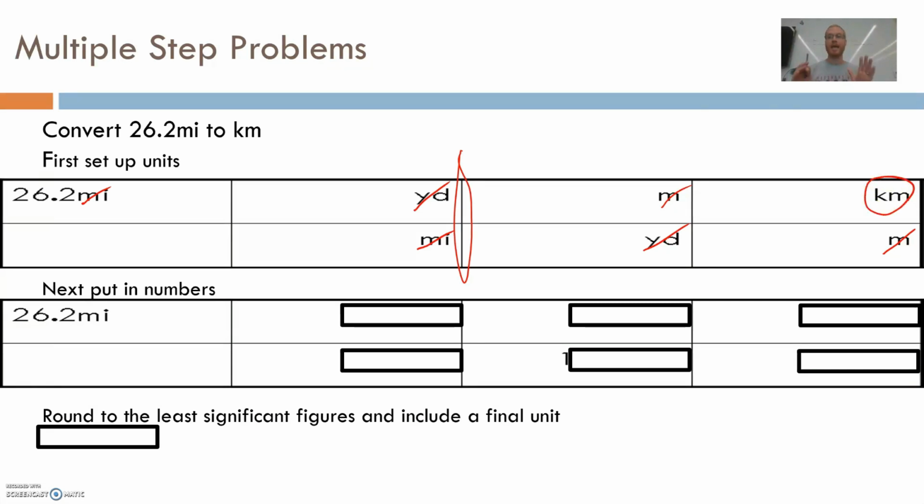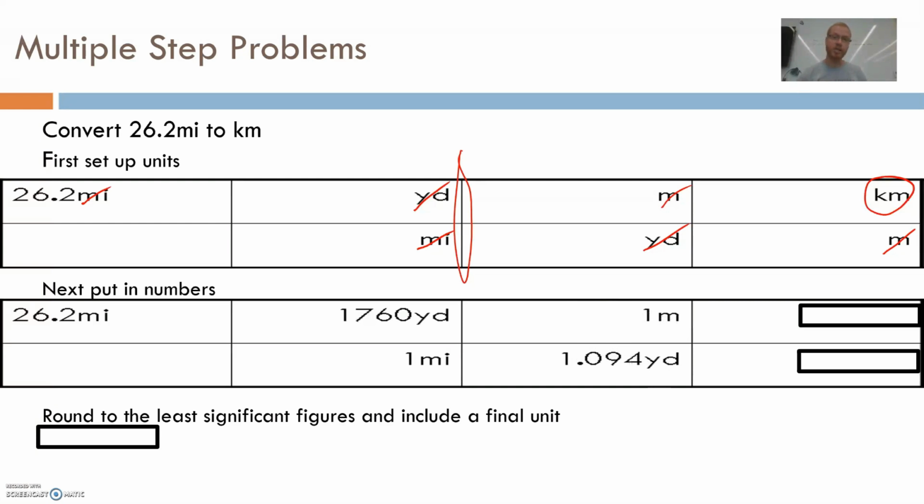Now, don't get ahead of yourself. Don't start putting numbers in until you have your units in the right place, because that's what's going to tell you where your numbers go. So yards and miles, that conversion is 1,760 yards in 1 mile, which again, I will give you. Yards to meters, that conversion is 1.094 yards in 1 meter.